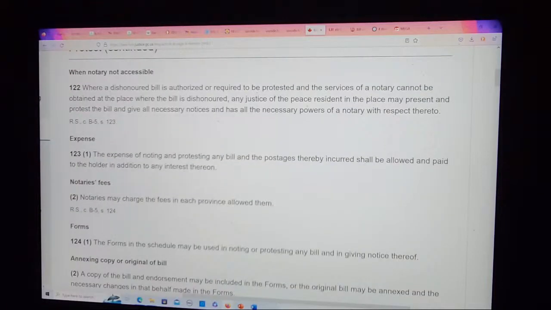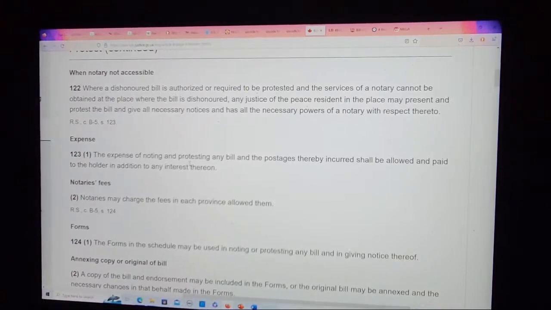122. Where a dishonored bill is authorized or required to be protested and the service of a notary cannot be obtained at the place where the bill is dishonored, any justice of the peace resident in the place may present and protest the bill and give all necessary notice and has all the necessary powers of a notary with respect thereto.